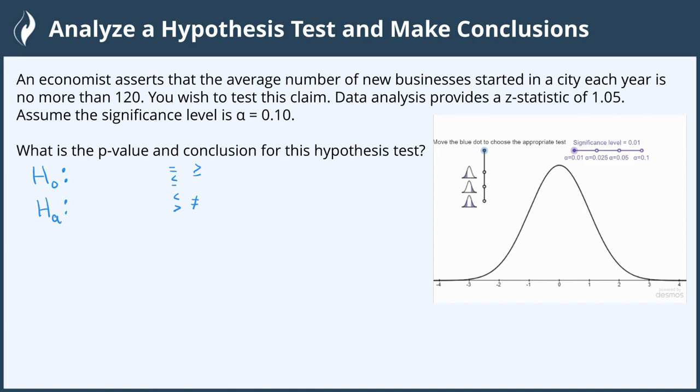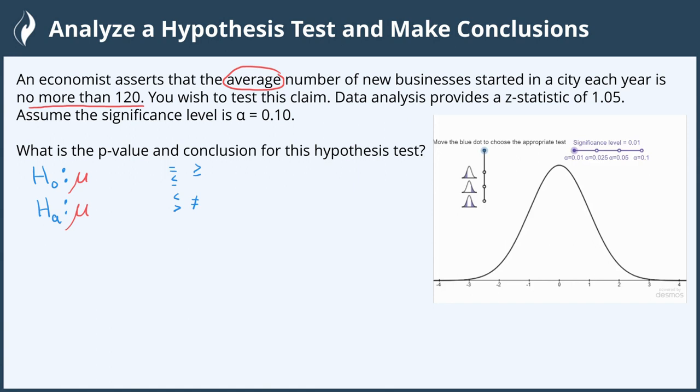The economist is asserting that the average, so we know that with our hypotheses we will be using mu because we are dealing with average. The number of new businesses started in a city each year is no more than 120, meaning the very most, the highest amount ever will be 120.